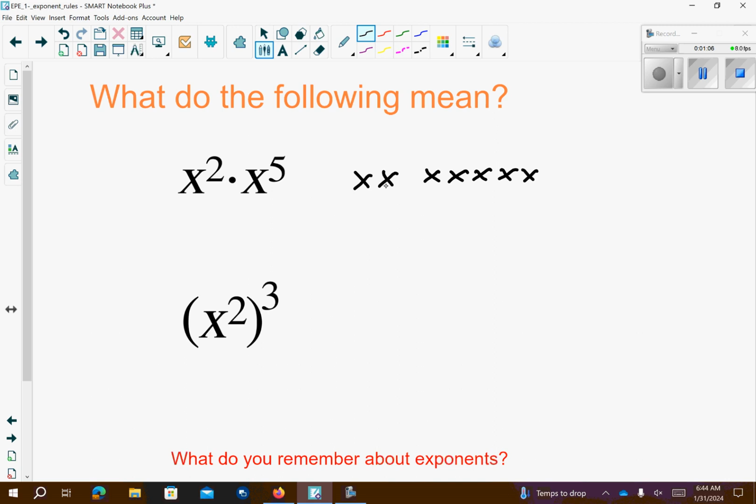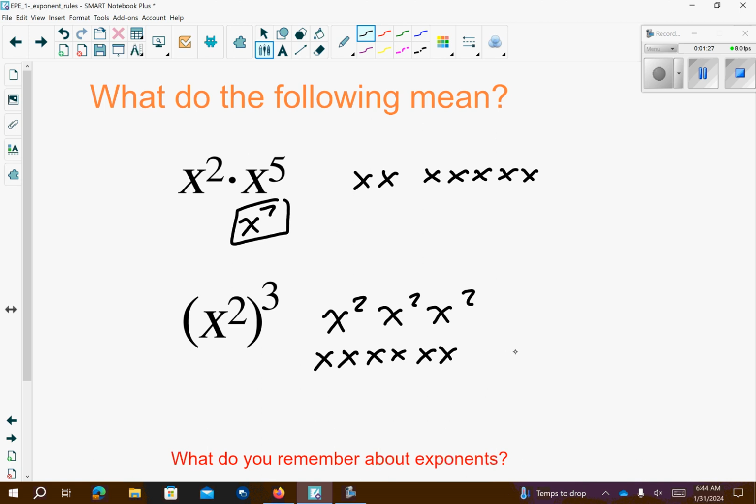So you count them up, 1, 2, 3, 4, 5, 6, 7. So this actually comes out to x to the 7th power. When you have a power to a power, this means you have x squared times itself this many times, which in turn means this. And you can count them up and say, oh, this is x to the 6th power.